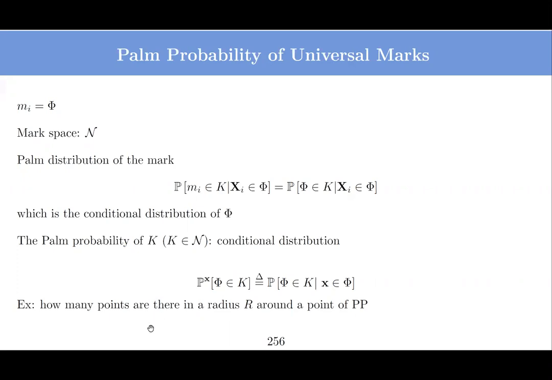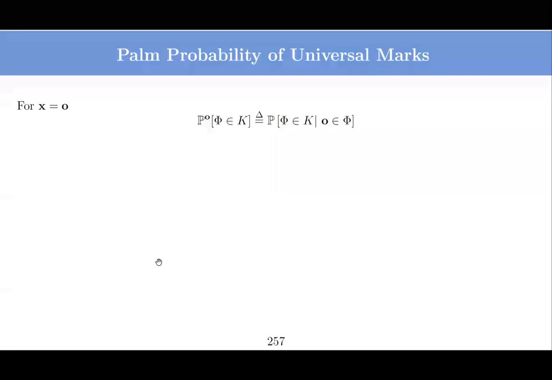You can deduce this, because if you know the conditioning on Φ, you can compute what Φ would say about having these many points. So from that you can compute K. Instead of a general X, we can also just take the origin O. So this will be the probability P_0, conditioned on the origin belonging to the point process.